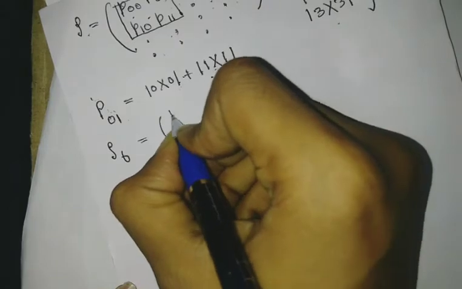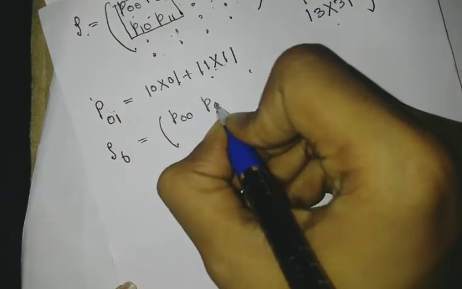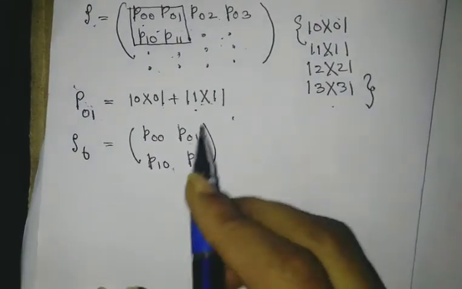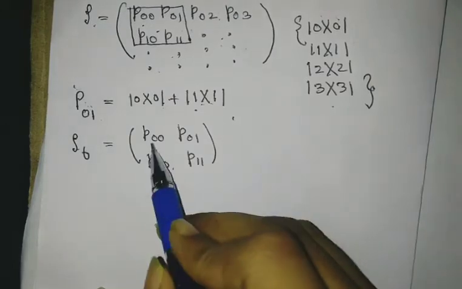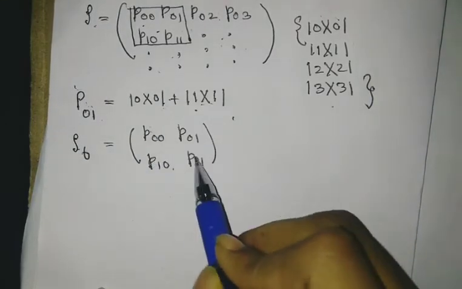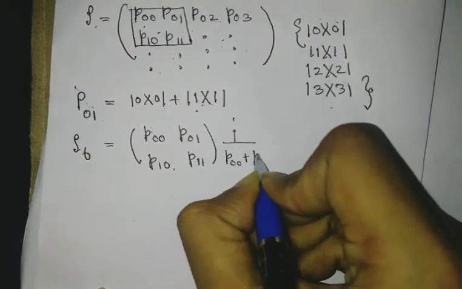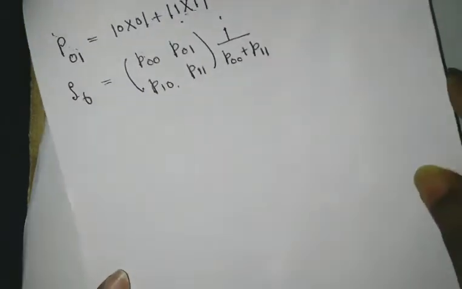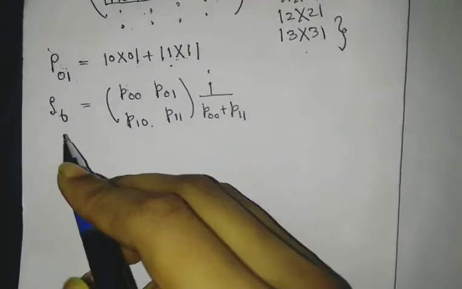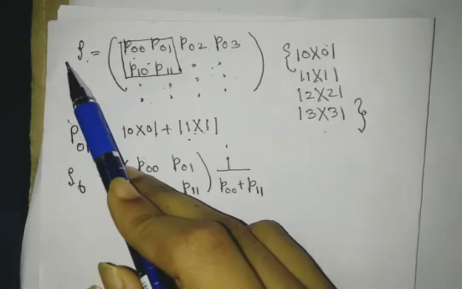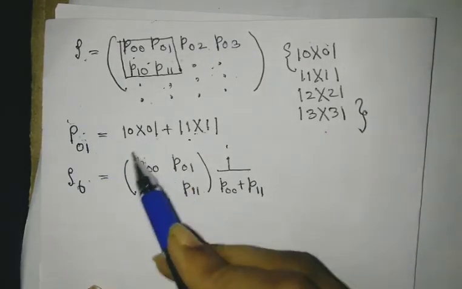So rho final is this, but this is not normalized. You need the trace to be 1, so you just divide by this, and automatically you now know the probability of getting this final state.